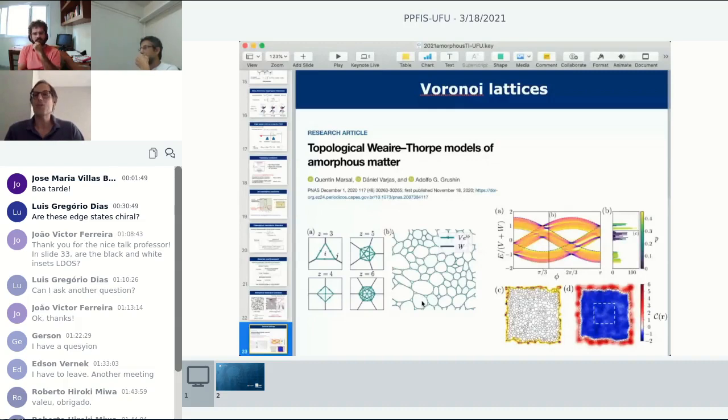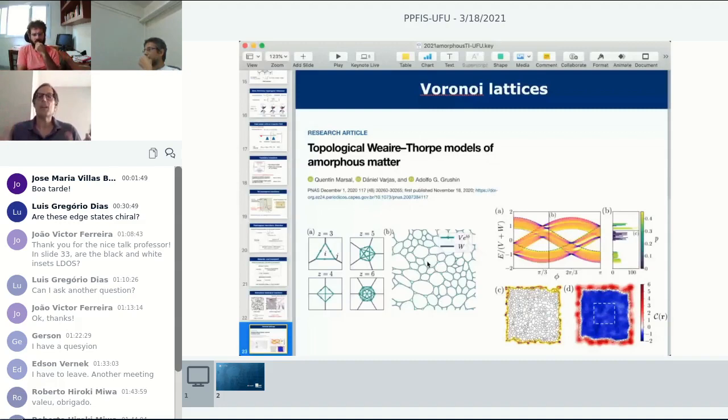Amorphous systems do have short-range order, right? These guys went to great pains to at least get the coordination of their lattice fixed. But it's a long way. If you look at the structural correlation function here, it's very far from amorphous. But at least they get the coordination.